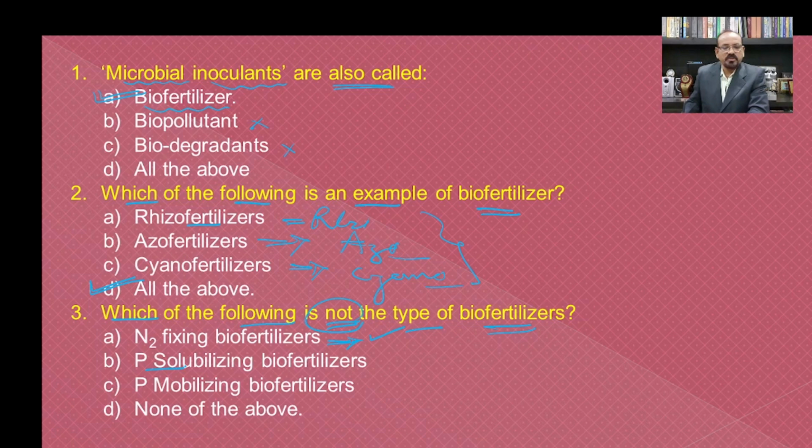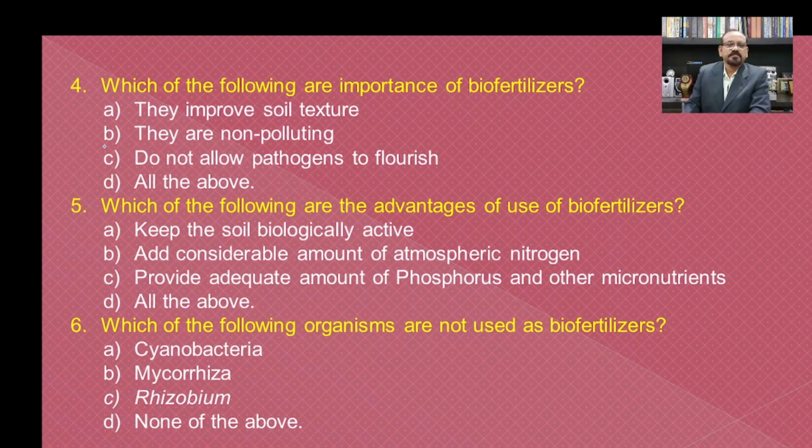Second one, that the phosphate solubilizing biofertilizer, and this is also used as a biofertilizer. Then phosphate mobilizing biofertilizer. So some of the microorganisms, they have the ability of the phosphate solubilization and the mobilization, and hence these are also the correct, and hence none of the above, as it is said, not the type of biofertilizer, and hence D will be the correct answer for this question.